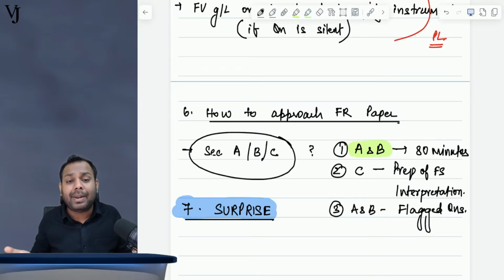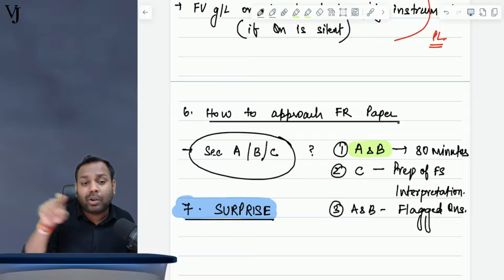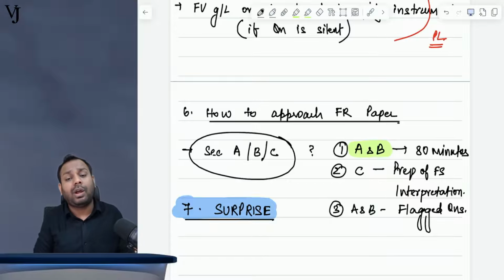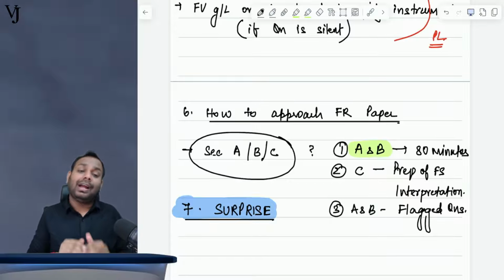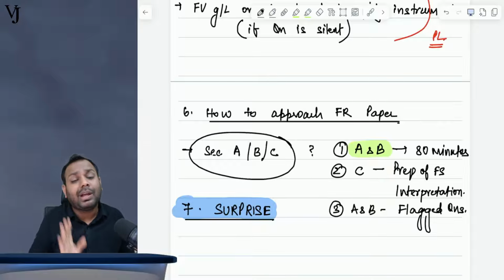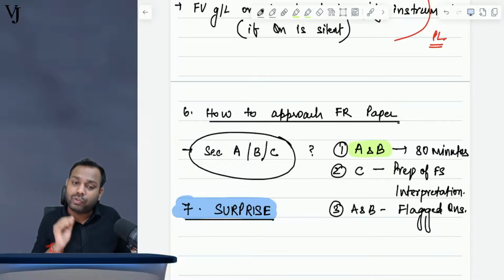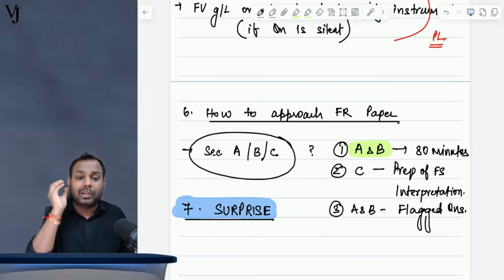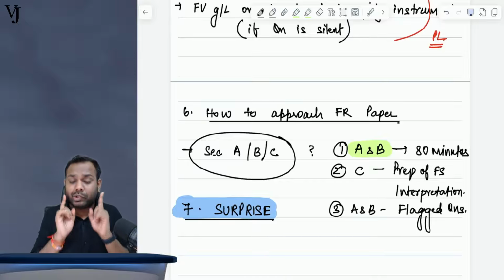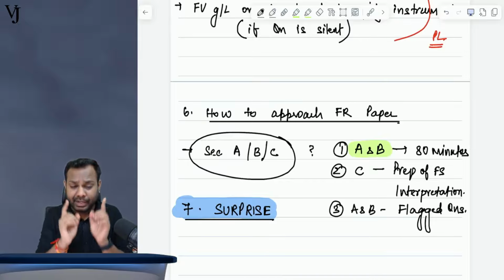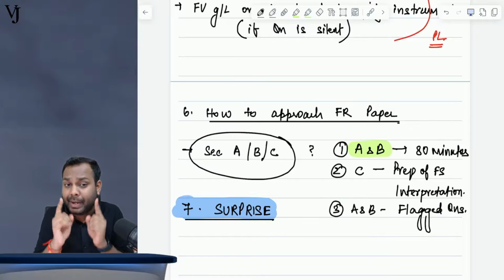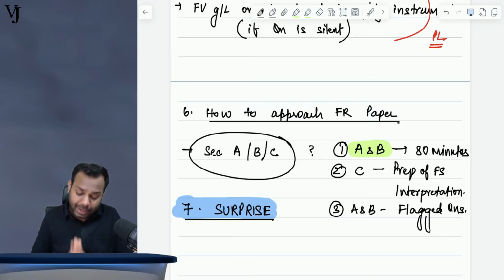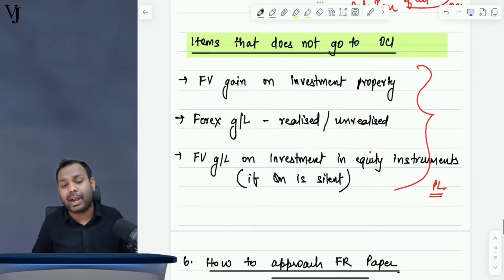So rather than spending time on guesswork, spend time on the questions that you know. First solve all the questions that you know and then do the guesswork. Don't leave any question. Solve the 100 marks paper, but solve appropriately. Give due importance to each minute of your time and make a note of all these things that I have guided you.